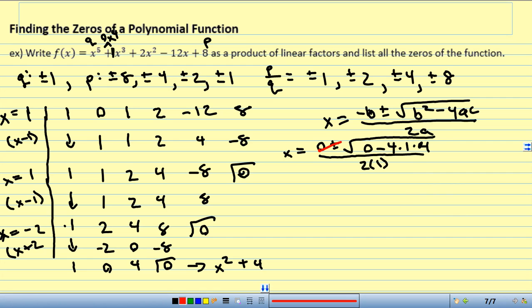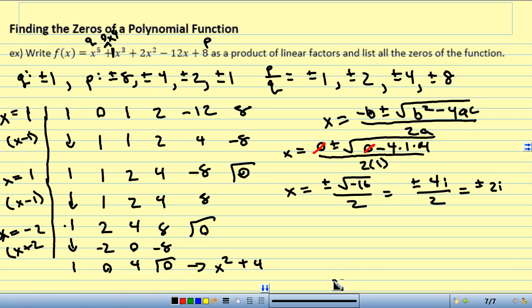I have to worry about the plus or minus part. So I end up with x equals plus or minus square root of -16 over 2. So that's going to give me plus or minus 4i over 2. So that's plus or minus 2i.